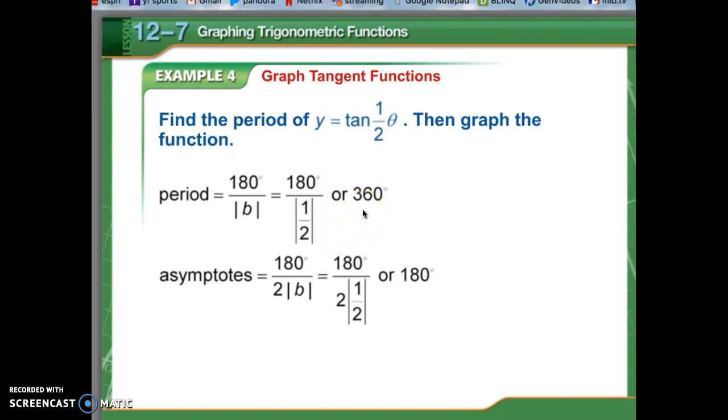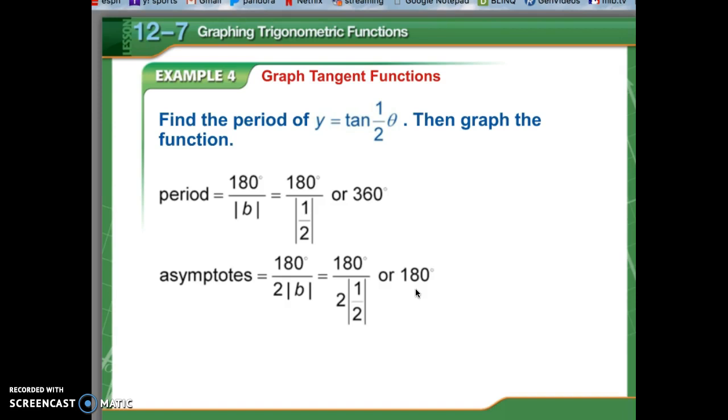So this function is going to repeat every 360 degrees, and therefore the asymptotes are always at 180 over 2 times b, and this time we get that that's going to equal 180 degrees. Before, for the default function, the asymptotes were at 90, 270, 450.